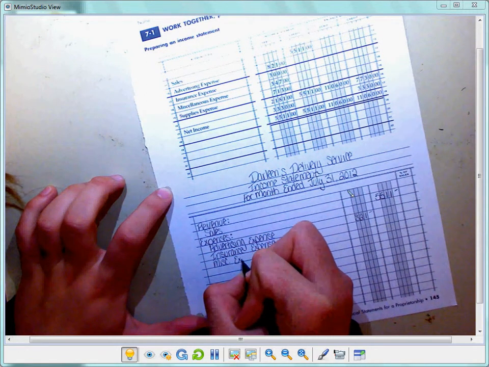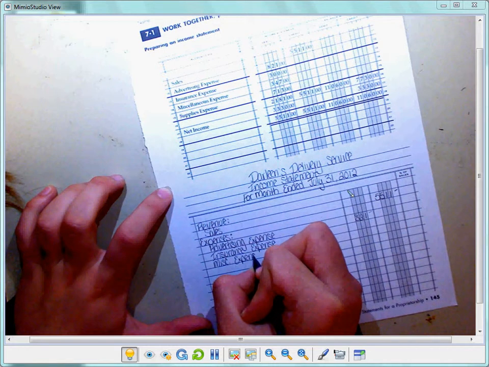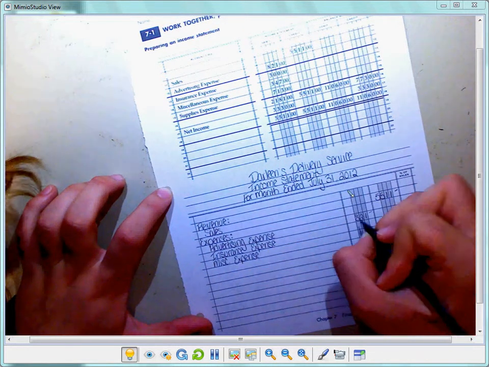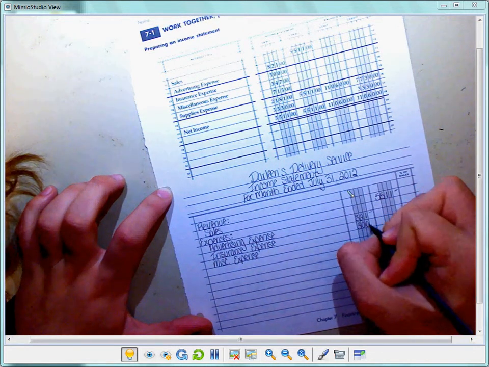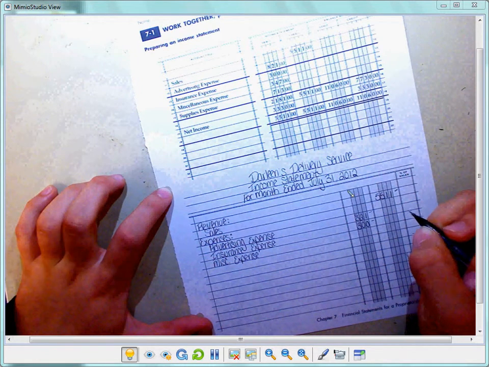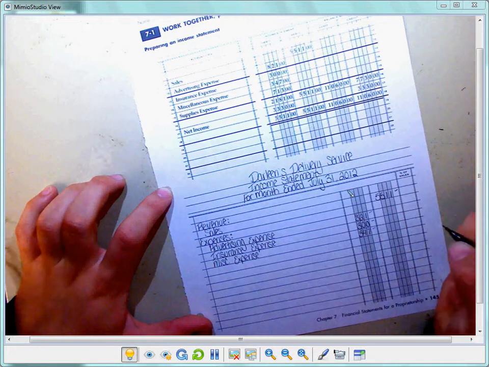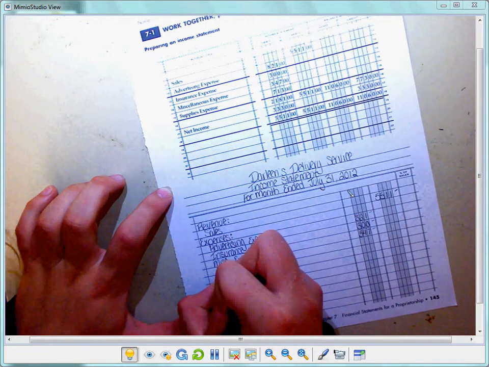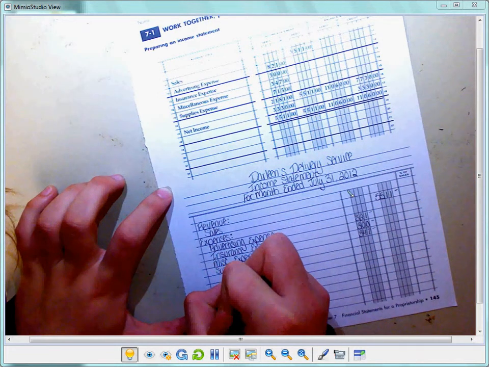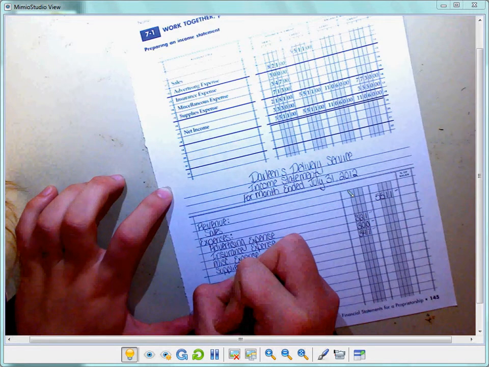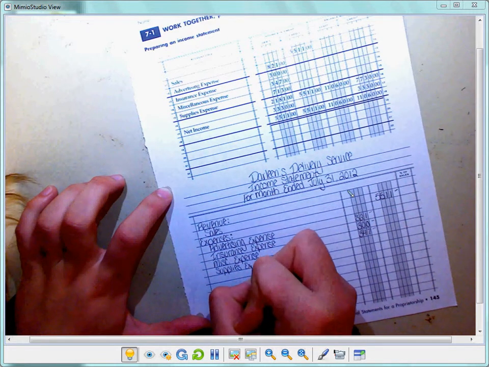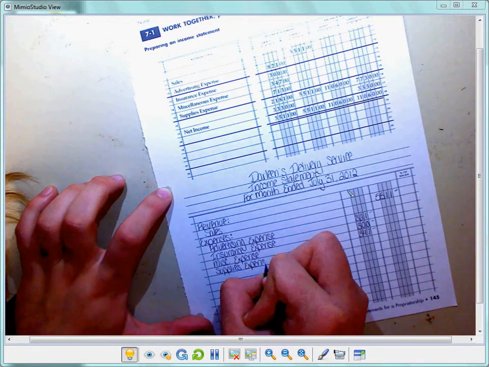An insurance expense is $300. Miscellaneous expense, $347. And our last one is supplies expense, $713.